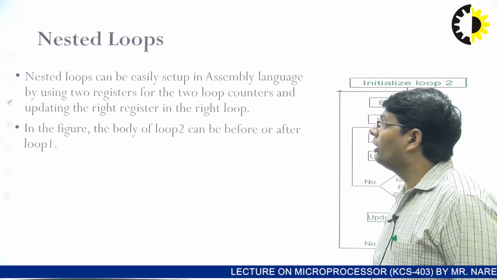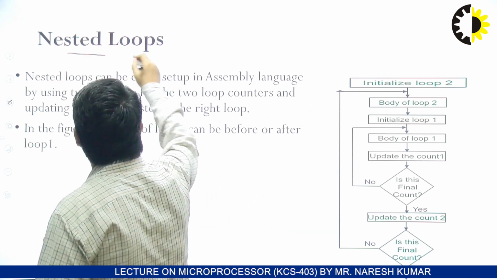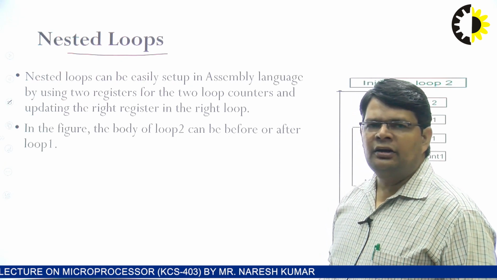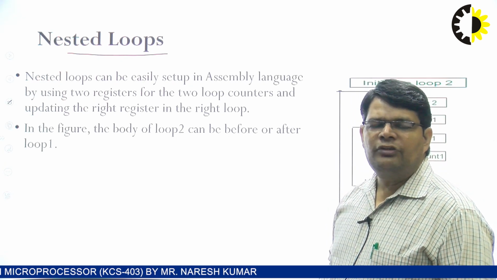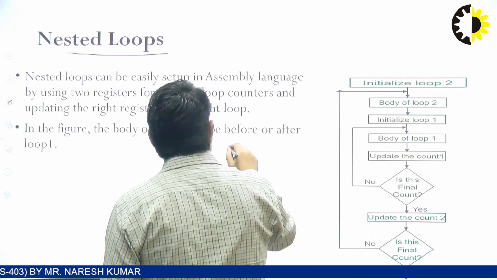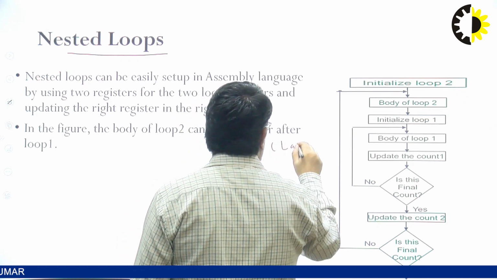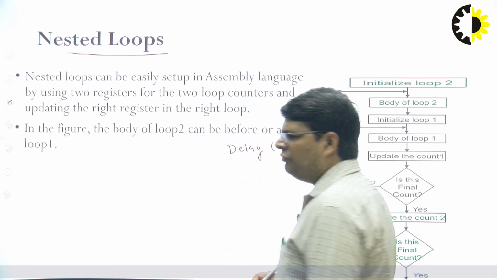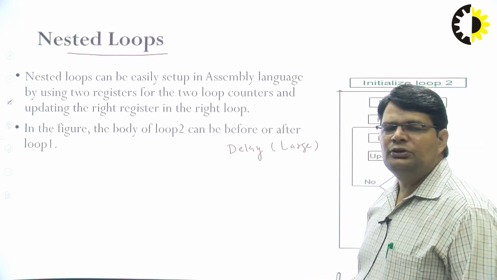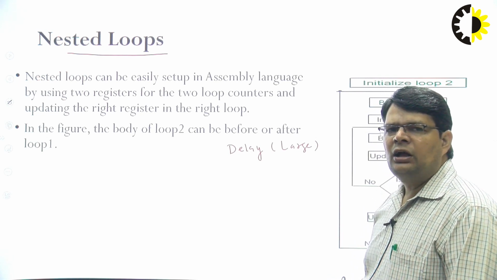Now the concept of nested loop. Basically, nested loop is required to increase the amount of delay generated. That is, when we require a delay of large value to be generated, how can we increase the delay? There are some techniques that can be used for increasing the amount of delay that can be generated using the microprocessor.